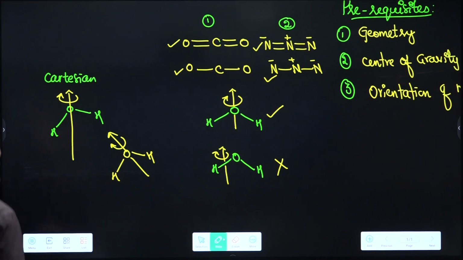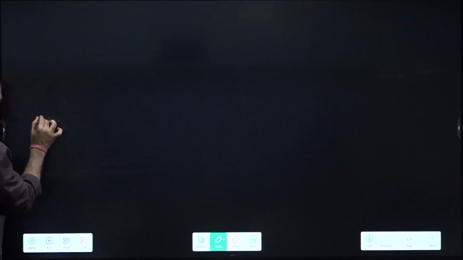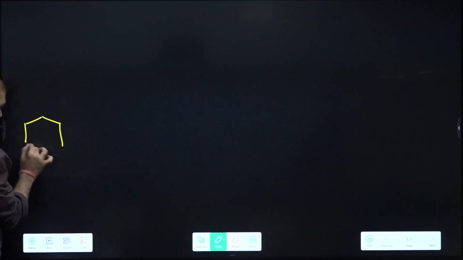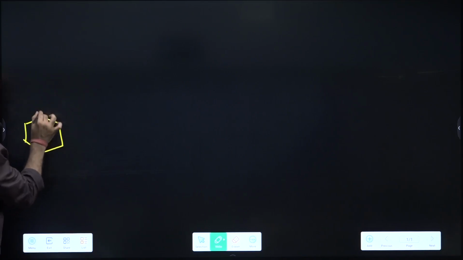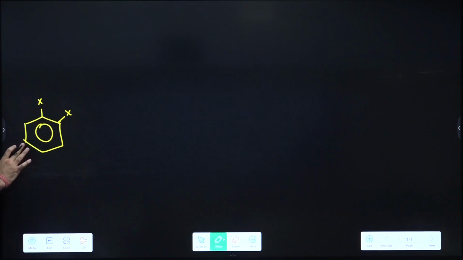Very often when I give you substituted benzenes, some students, not many, some, get confused. Suppose if I give you this orientation, what is the point group of this? Do you have C2? Anyone? Is C2 present? Can I pass a C2?